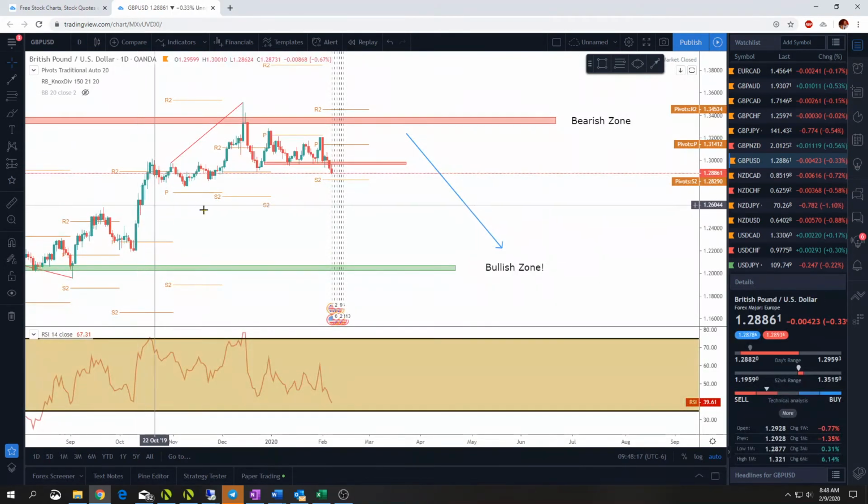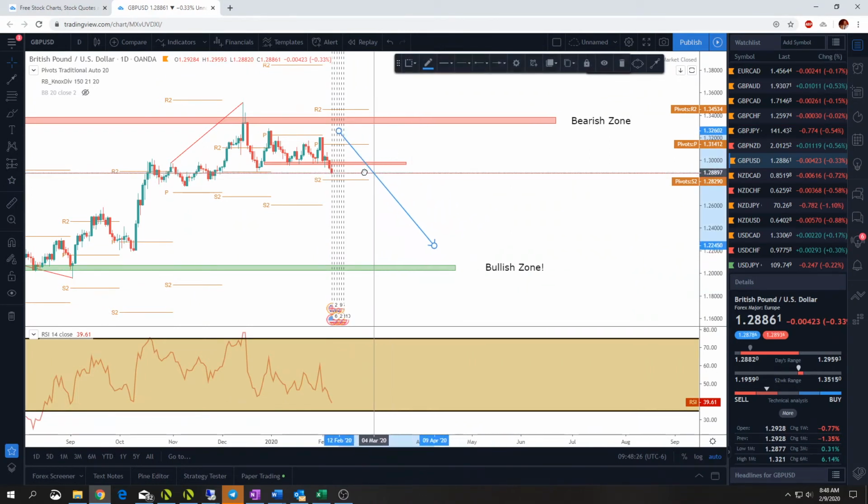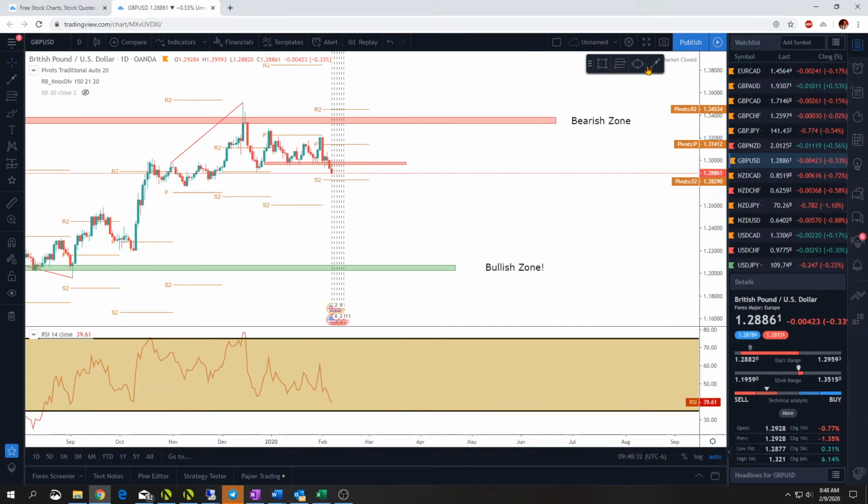GBP USD. Okay, USD had a great week. Plus, I think we see some weakness coming in the British pound. We had a break of this support. Let's get rid of this arrow. I want to see this move.